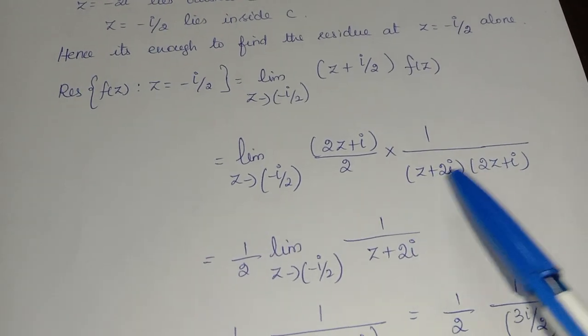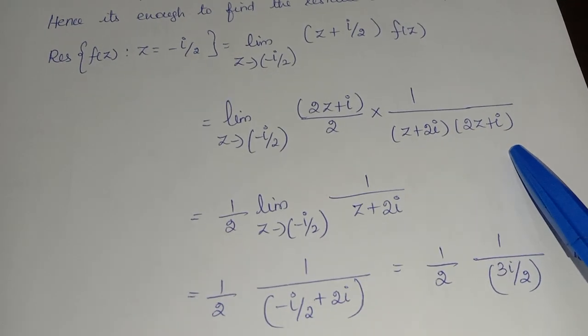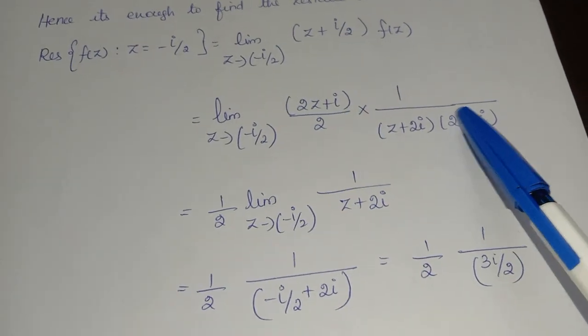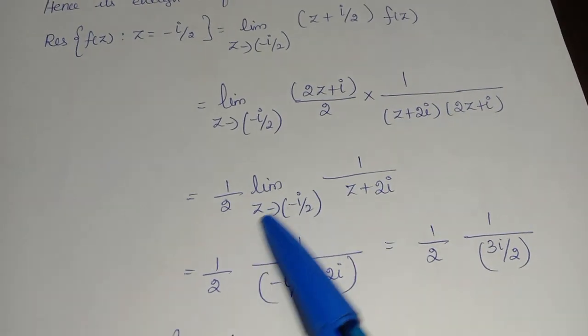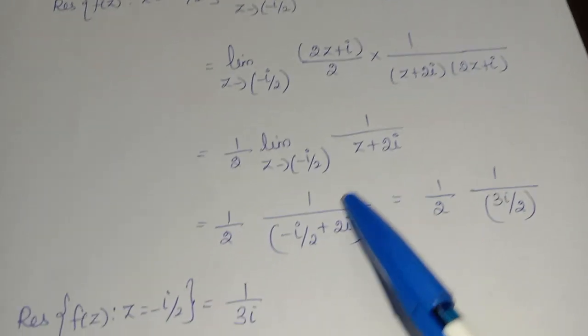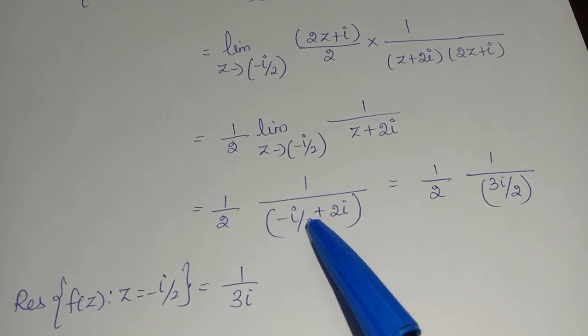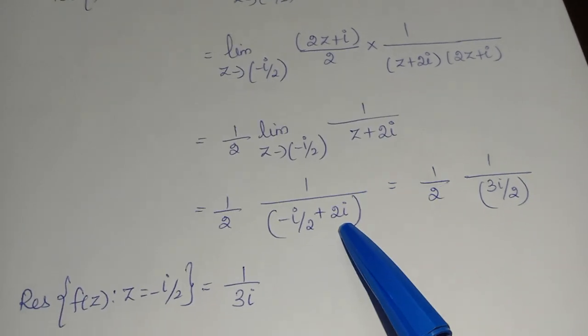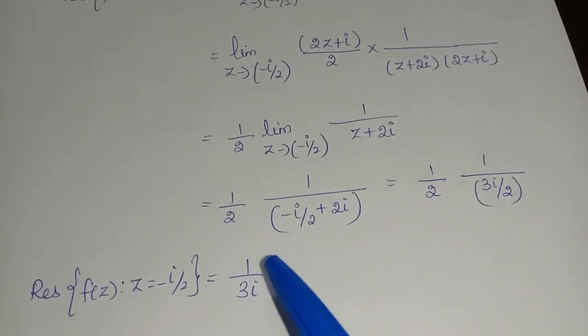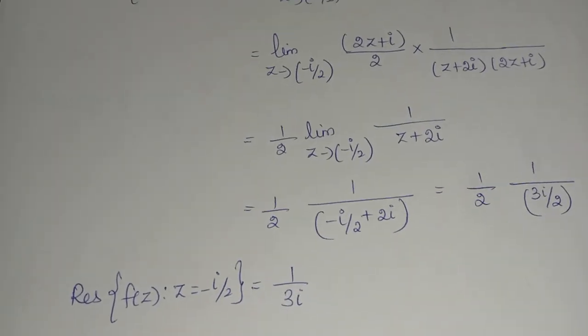Okay, so it is z plus 2i into 2z plus i. Okay, now you substitute, these two terms get cancelled, no? After cancelling, it will become limit z tends to minus i by 2, 1 by z plus 2i. Now substitute z equal to minus i by 2. So minus i by 2 plus 2i is equal to 1 by 2 into 3i by 2. So finally what I am getting? 1 by 3i. So this is the residue.